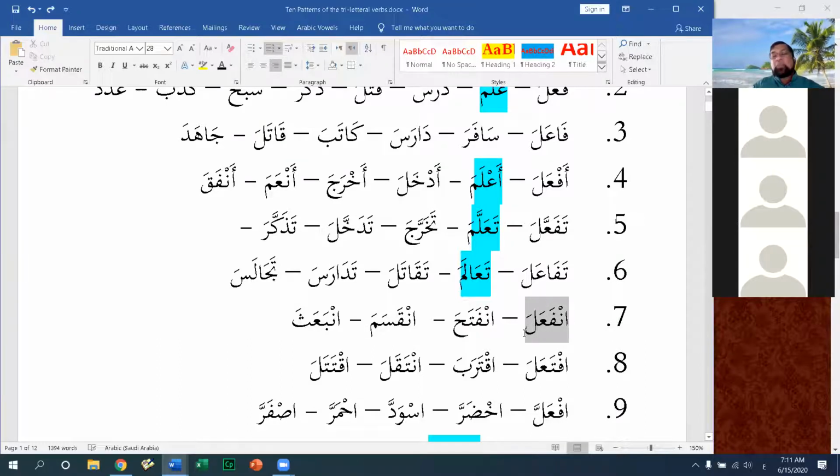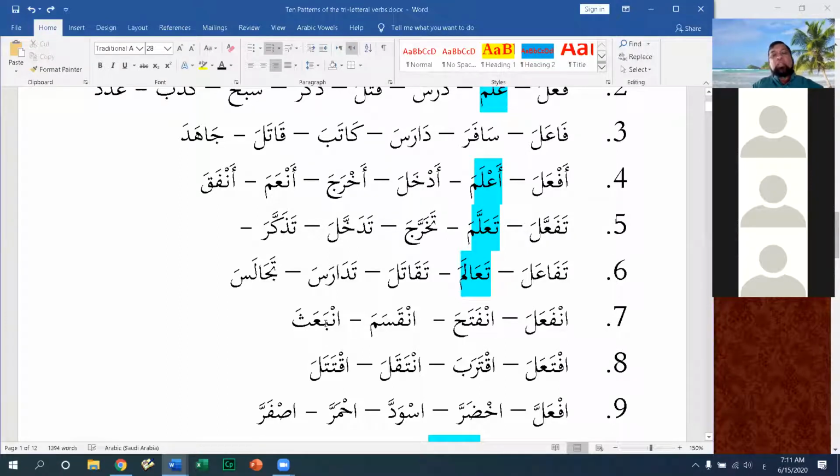Normally this pattern is when something happens, something is done on its own without the input of anyone. انقسم to split or distribute something, or something distributed. انقسم اسم الفاعل منقسم اسم المفعول منقسم and المصدر انقسام.